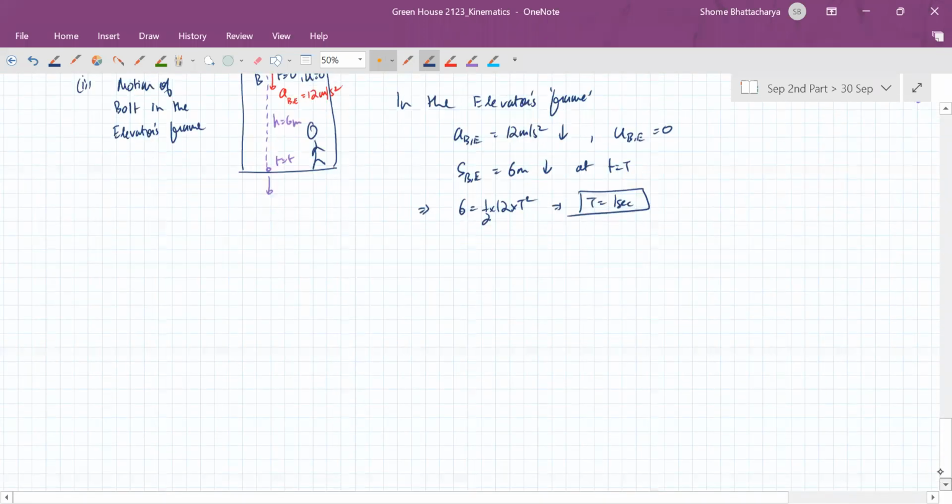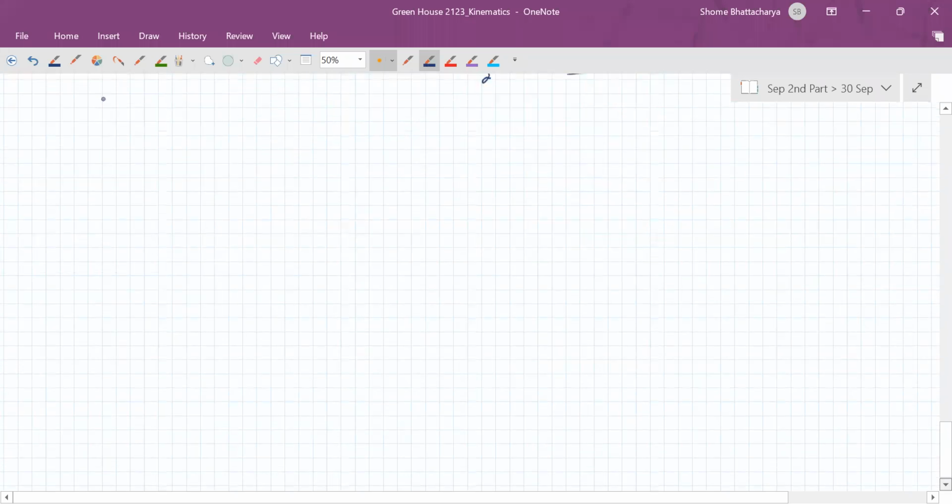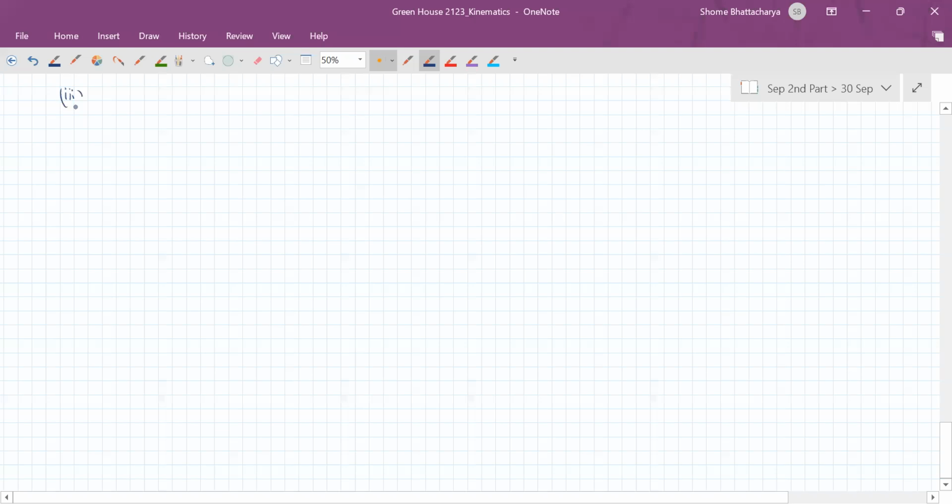Okay. Now, if you look at the motion of the bolt in the ground frame, an observer on the ground sees that the elevator is, let's say, here, with the bolt just about coming loose at time t equal to 0.